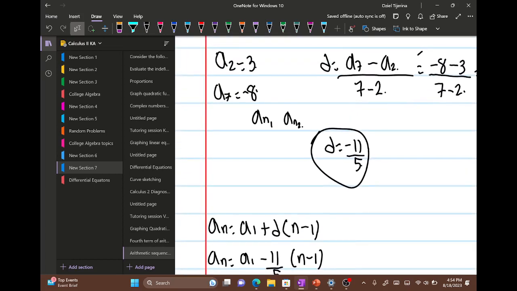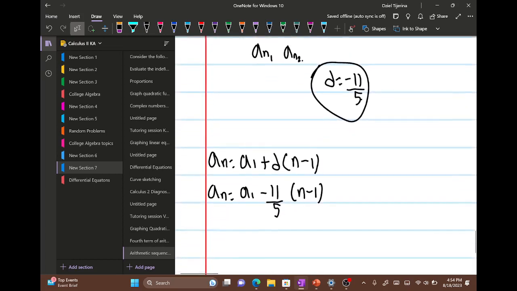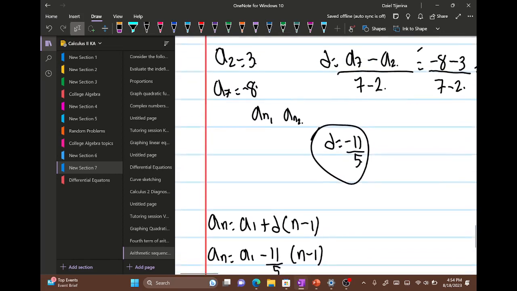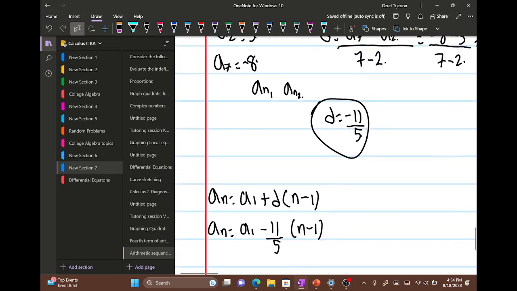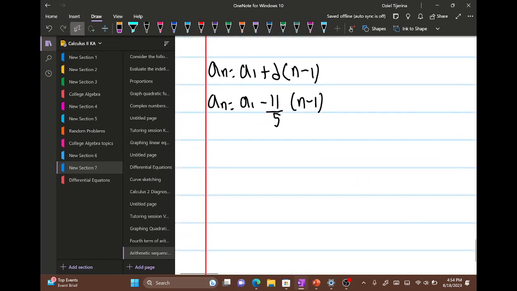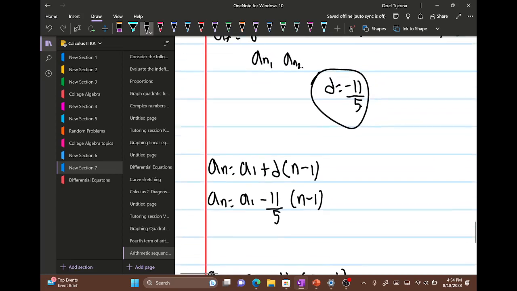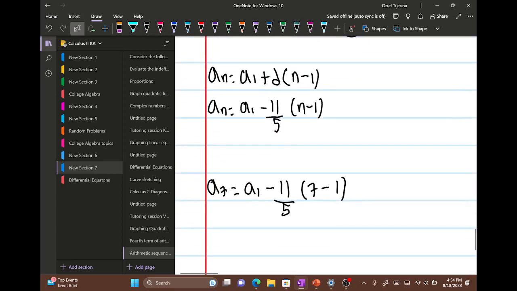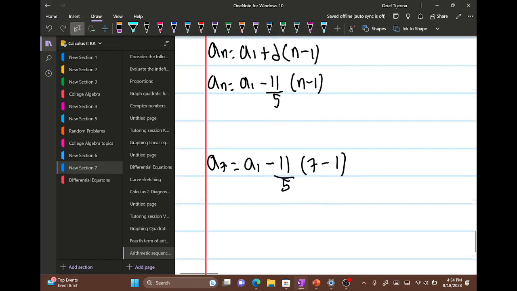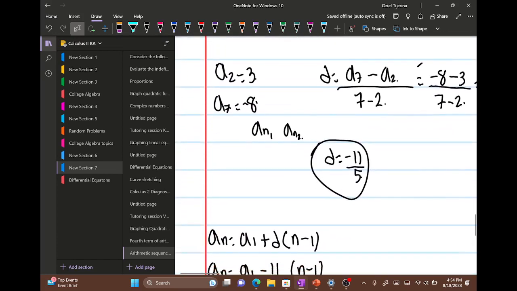So the way that I'm going to do it is that I'm going to use systems of equations to do this. So a sub 7, I know, is going to be a sub 1 minus 11 over 5 times 7 minus 1. And actually, we don't need to use systems of equations. We can just use what we have for a sub 7.